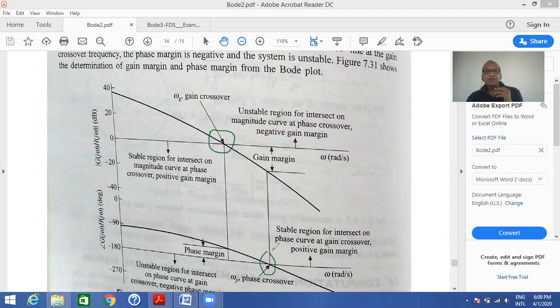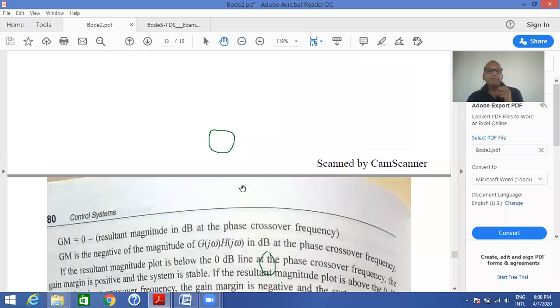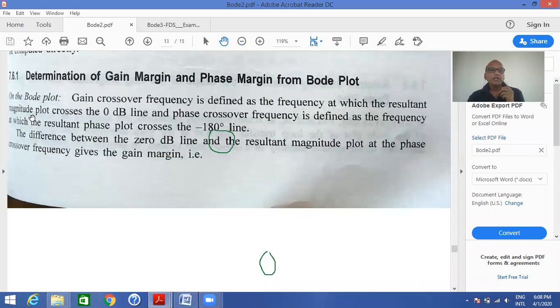Phase crossover frequency is the frequency at which the phase angle equals minus 180 degrees. This is the definition of gain crossover frequency and phase crossover frequency. Gain crossover frequency is defined as the frequency at which the resultant magnitude plot crosses the zero dB line.